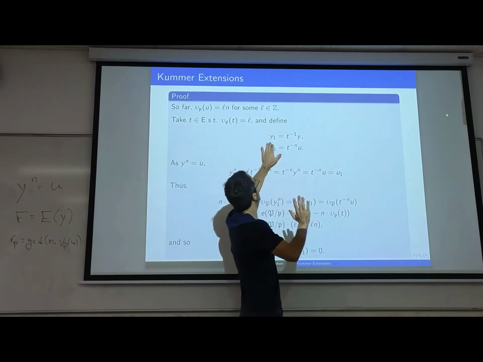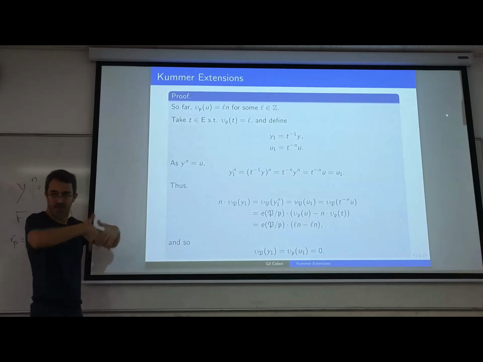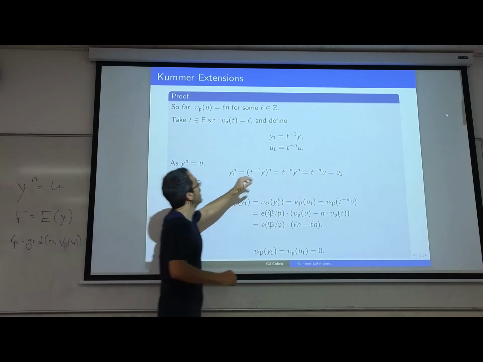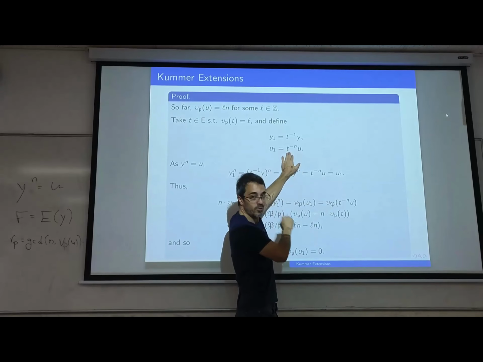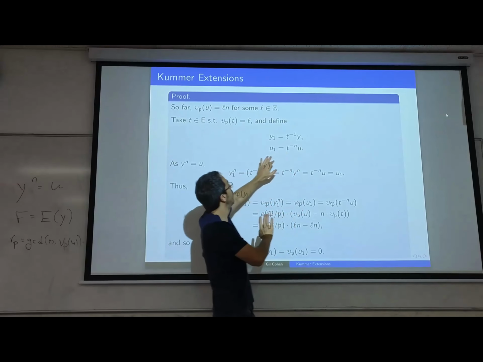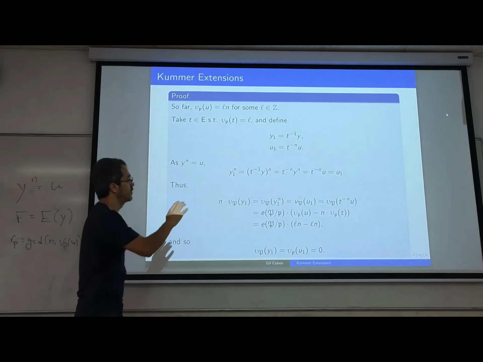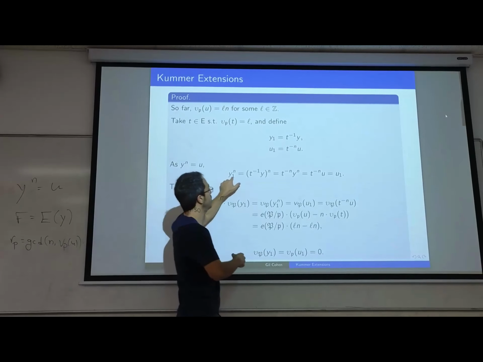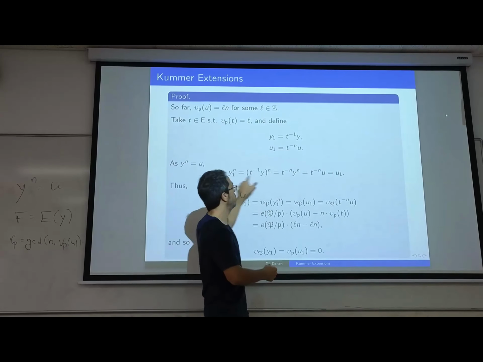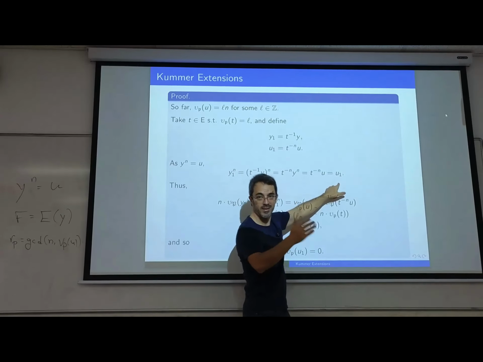Again, y is in F, and t is in E, but everything is in F now. And u1 is u, which is in E, over t to the n, which is also in E. Okay, so why am I doing that? It's not clear from the get-go. First of all, we know that y to the n is u. I'm claiming that y1 to the n is u1, so you have the same relation.